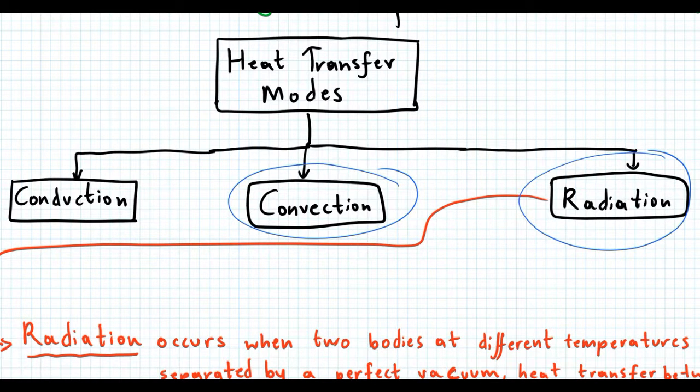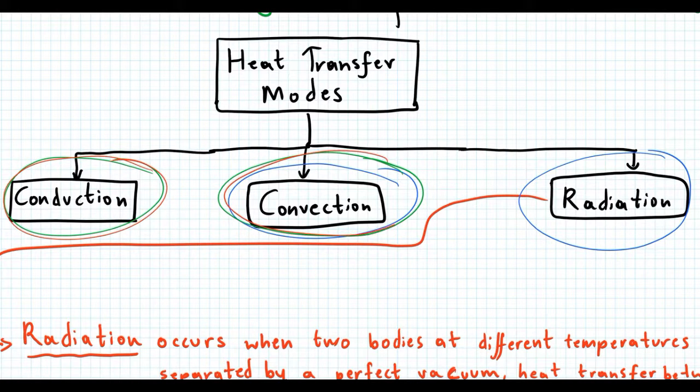Or it could also be the case such that conduction and convection simultaneously occur. Or it can also be the case that all three simultaneously occur, or any combination thereof of the modes of heat transfer that can occur. So that concludes this introductory video on heat transfer.